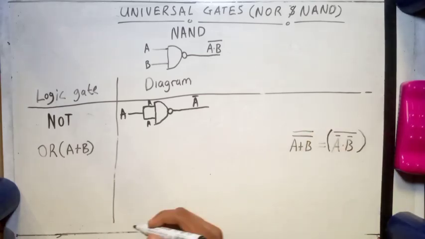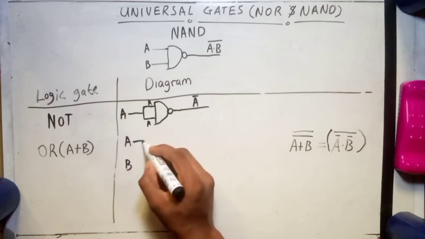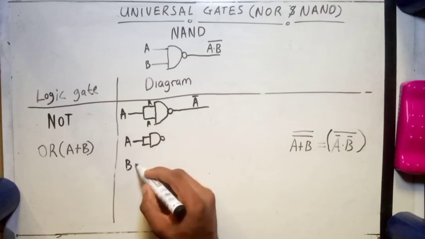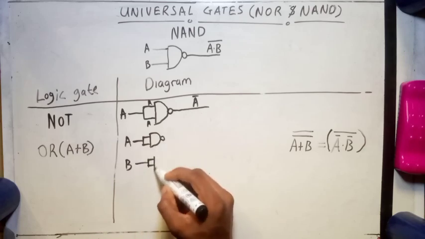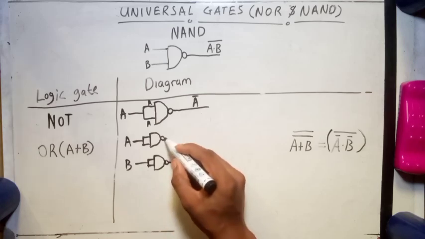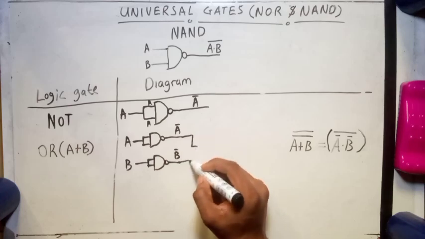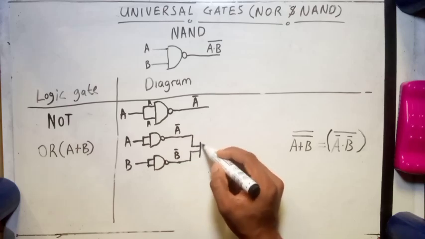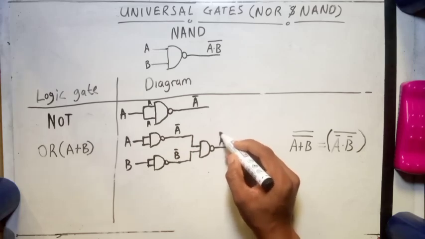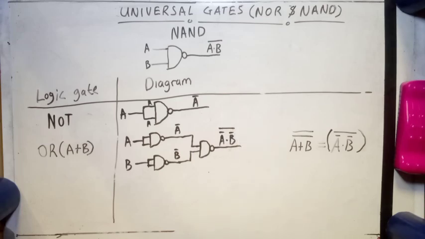So we can draw this now. We have A and B. We negate our A, or complement our A. The same thing with our B, we complement it too. So we'll be having the output to be B bar, and over here, A bar. Then finally, you join them with another NAND, which is A bar dot B bar all bar.